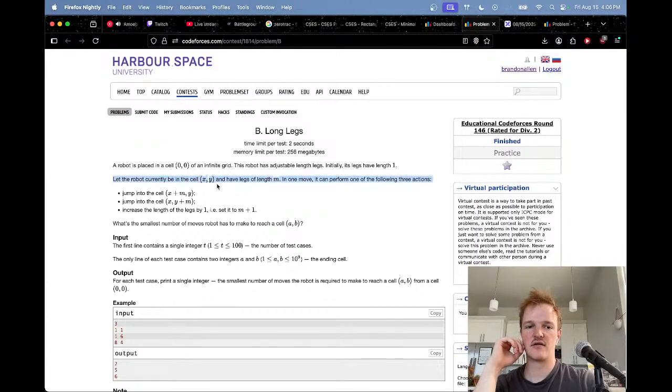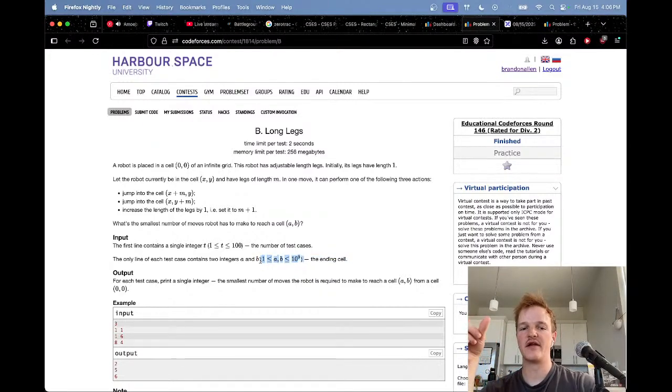Oh, I see. It's saying, like, at any step in the process, it could be at cell X, Y. Well, I don't think there's any world where you ever go above the square root of n, like length of legs. Because, like, at the point where you're going above, like, 100,000, you would rather have just gotten up to that length and then started walking.